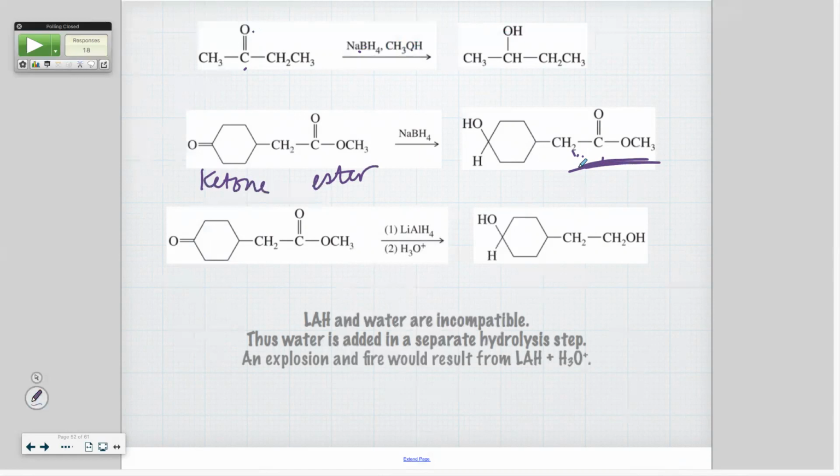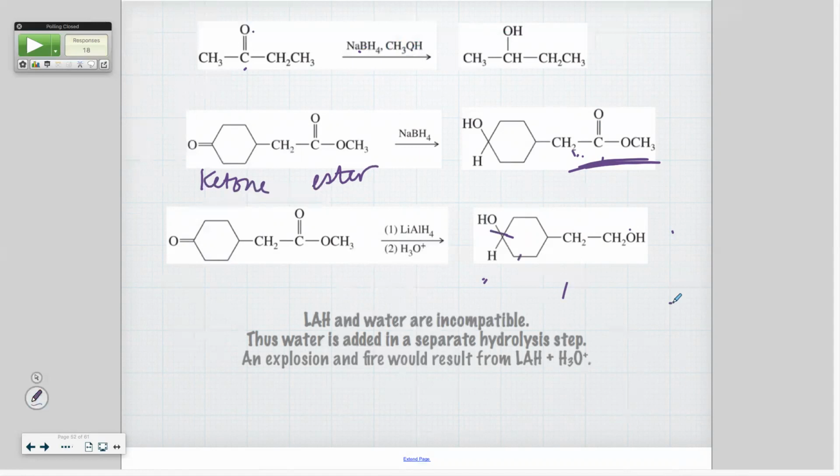If you use the same compound with lithium aluminum hydride, they're both going to get reduced. So you see the difference? For this one up here, the top one, it wouldn't matter which reagent you pick. Just like some of the other things, there's going to be multiple correct answers sometimes.